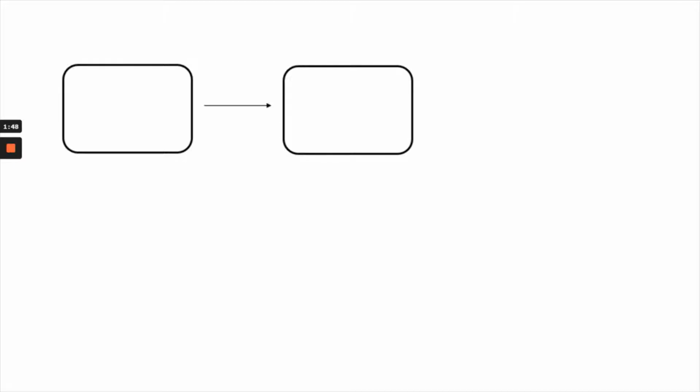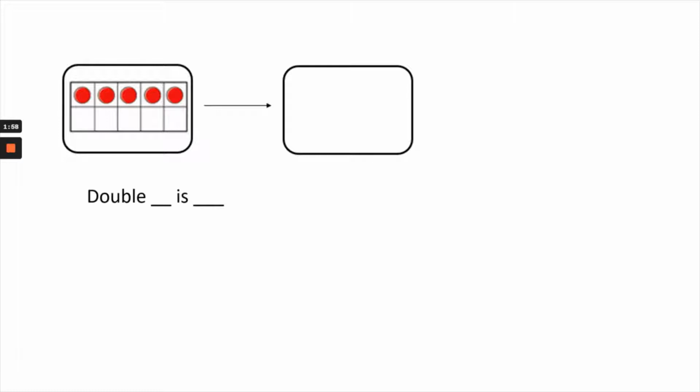Let's try another sentence. How many counters are in our 10 frame? 5. Well done. So we are doubling the number 5. We started with 5. We're going to add another 5, because to double something we need two groups of the same amount, two equal groups.